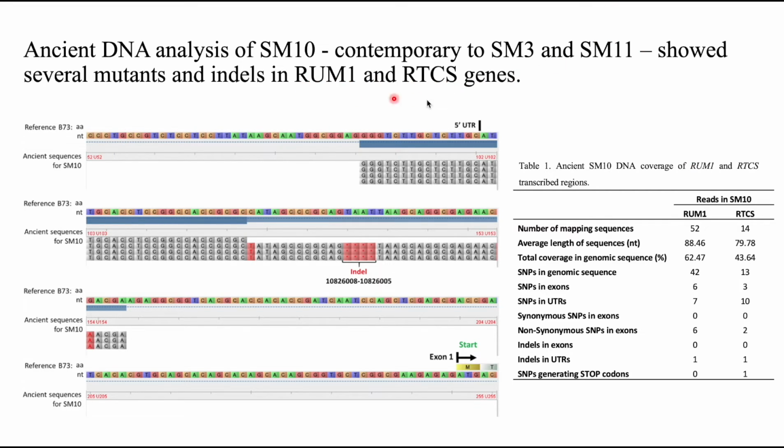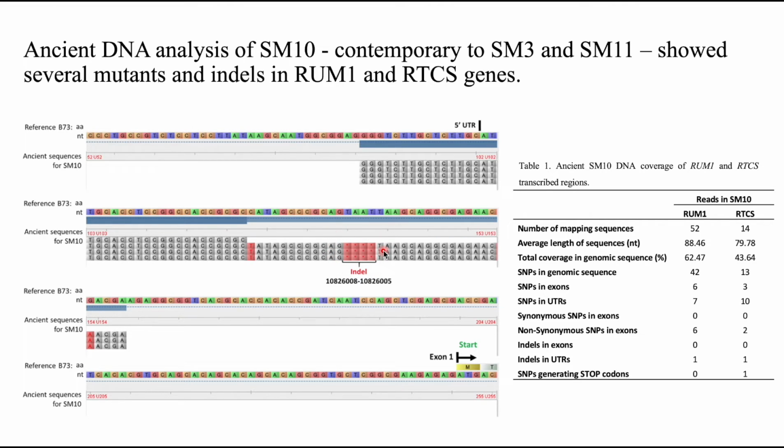We looked at 2 genes specifically, RUM1 and RTCS. When RUM1 is mutated, we have a lack of seminal roots, and when RTCS is mutated, we have a lack of crown roots and seminal roots. What we observed, in the case of RTCS, was an indel of 4 nucleotides in the ancient sequences in the upstream region close to the promoter of the gene.